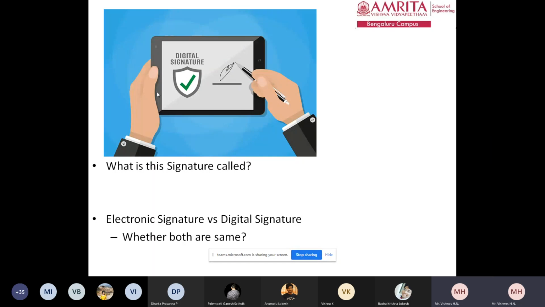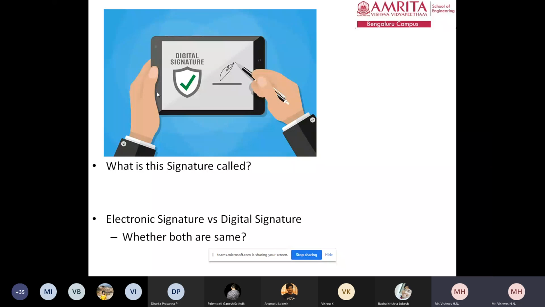You can make a note of it if you want. Electronic signatures don't incorporate any kind of coding or standards, whereas digital signatures come with encryption standards. Keep this in mind. That means we will try to encrypt the data, or hash the data, and do something with that. That's what we do in a digital signature.